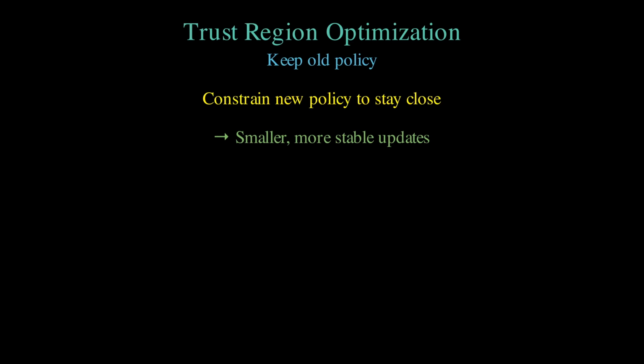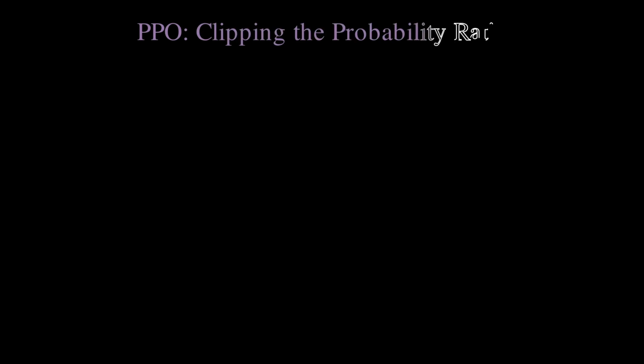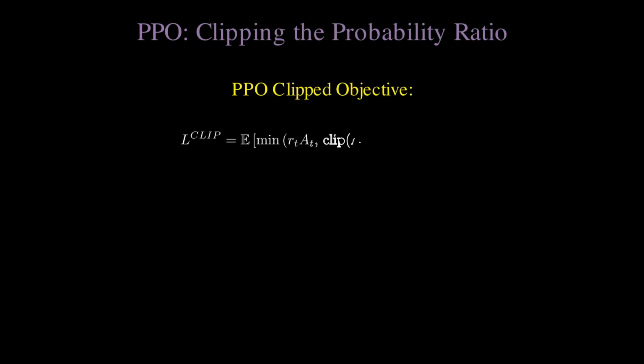The idea is to continually keep an older version of the model and then ensure that the new version of the model, which we are optimizing, does not deviate too much from the old model. It stays in the trust region. PPO achieves this through clipping the change in output probabilities, that is the ratio of the new and old model, between some minimum and maximum value.